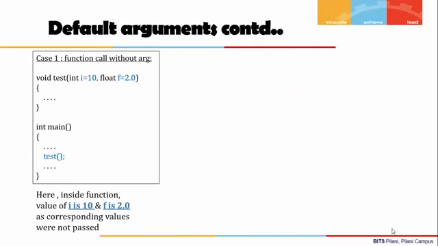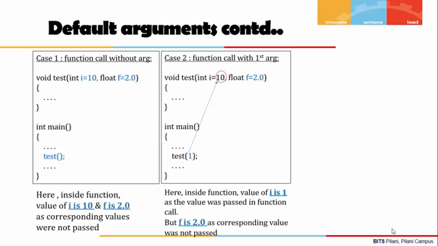So this is the same function. Here no arguments are passed. I is equal to 10 and f is equal to 2.0 will be the corresponding values of I and f. In the second case, we are passing only one argument.